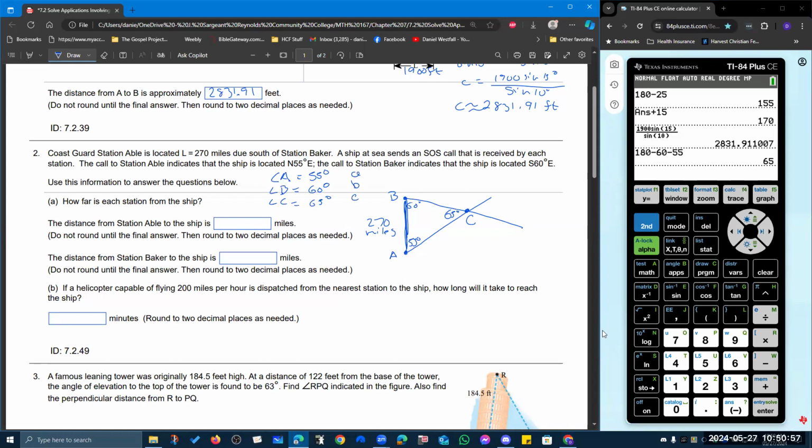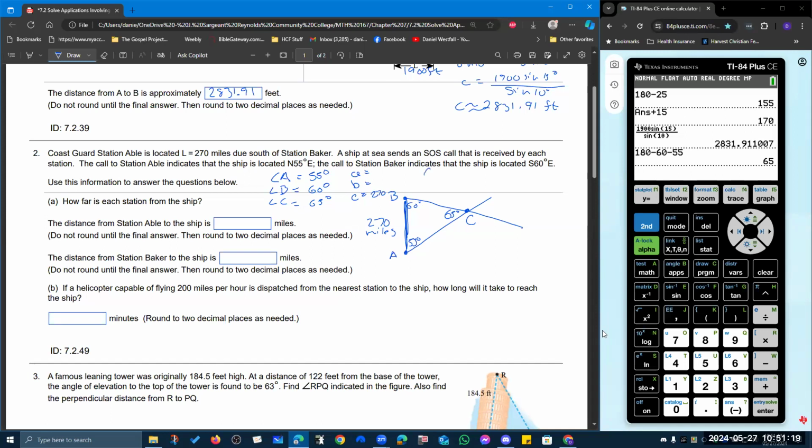Side A, side B, side C. Side C is 270. A is going to be the side that is across from angle A, so it's actually going to be the distance from Baker to the ship. And B is going to be across from angle B, so it's going to be the distance from Able to the ship.